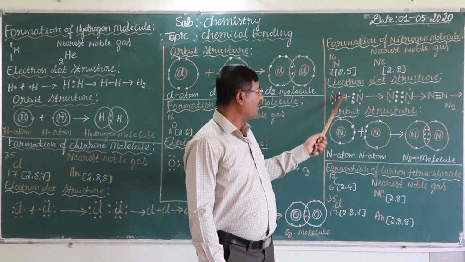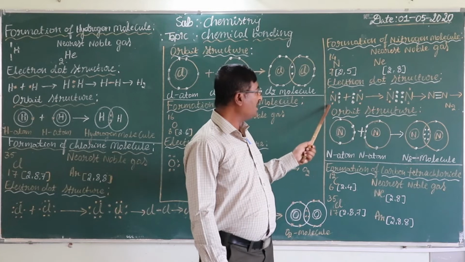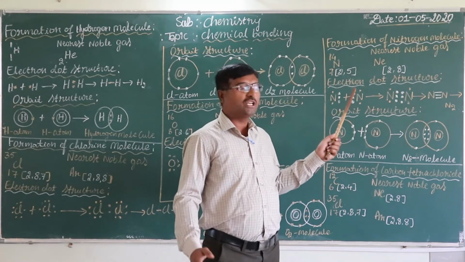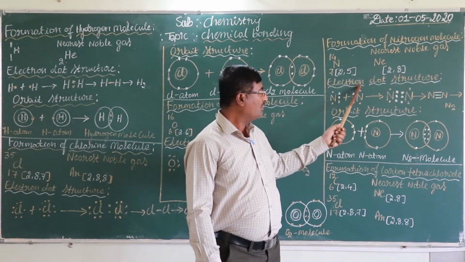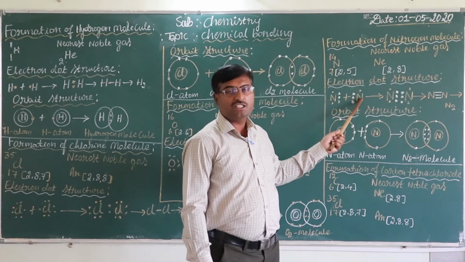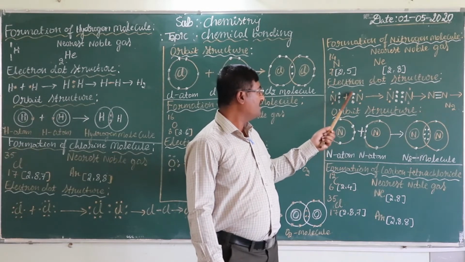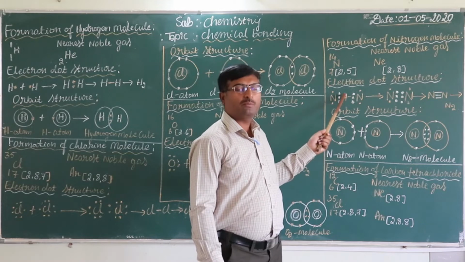See here, outermost orbit 5 electrons are there, so there is a shortage of 3 electrons, and this nitrogen atom is trying to get 3 electrons. In the same way, in this nitrogen atom, the outermost orbit has 5 electrons. To get the stable configuration, this nitrogen atom is trying to get 3 more electrons. So in between, these 3 pairs of electrons will form covalent bonds.